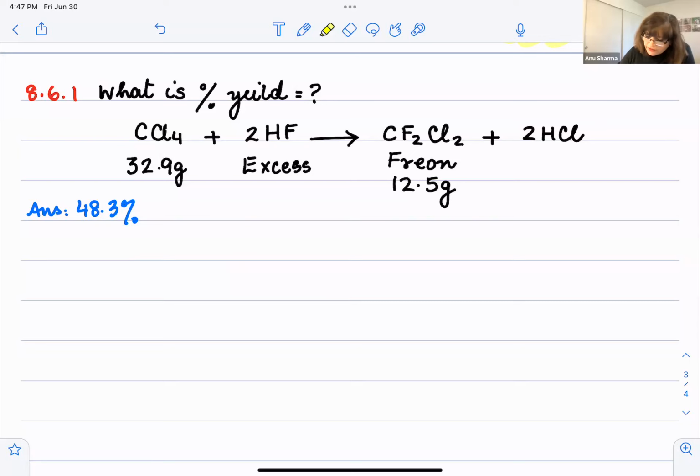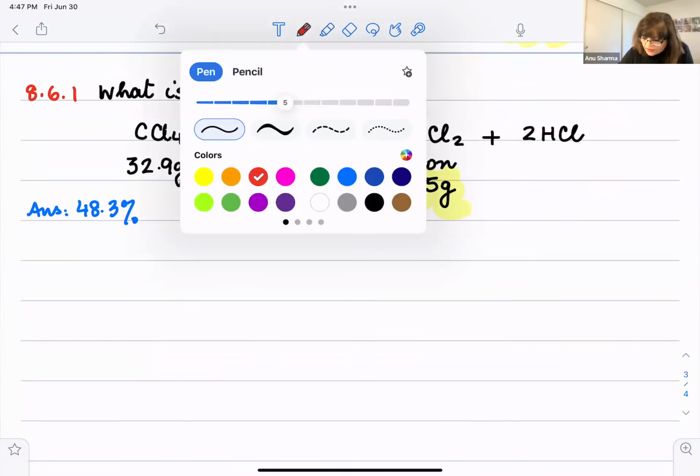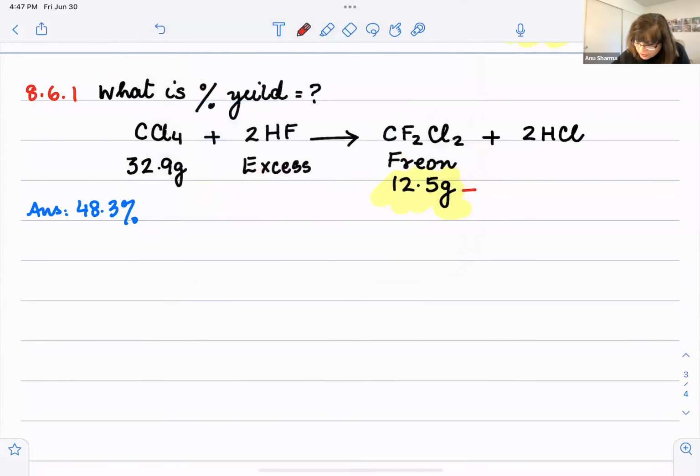So keep this in mind: if it is given, this is the actual. This is always the actual. The question may say actual, but if they haven't specifically mentioned the theoretical yield, then it definitely means this is the actual yield.